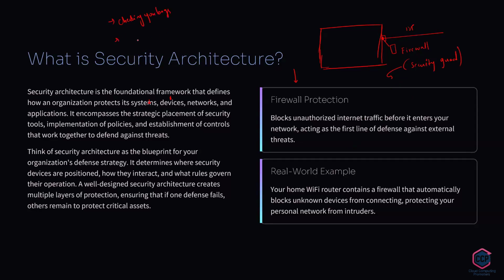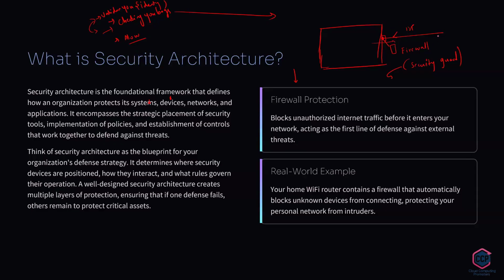First he'll validate your identity, then he'll check your bag. If both are correct and he didn't find anything suspicious, he'll allow you. Same here, a firewall will also check inbound traffic and outbound traffic.